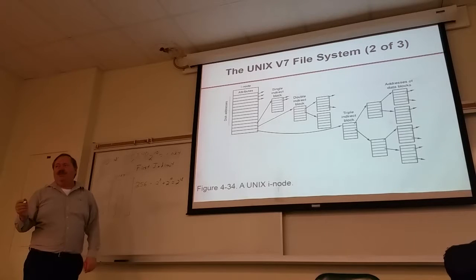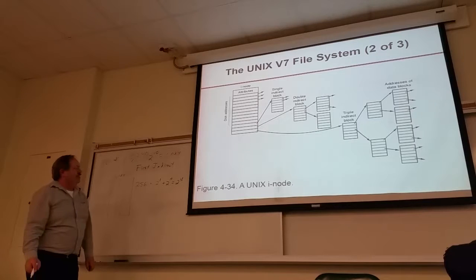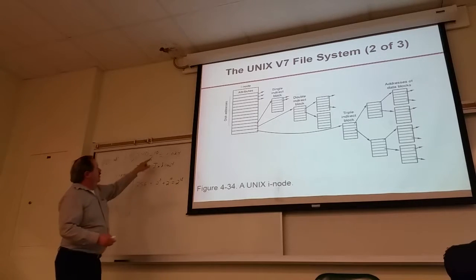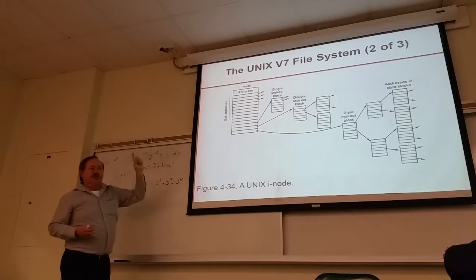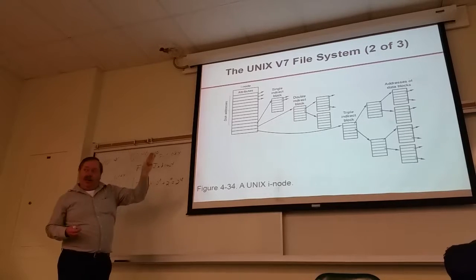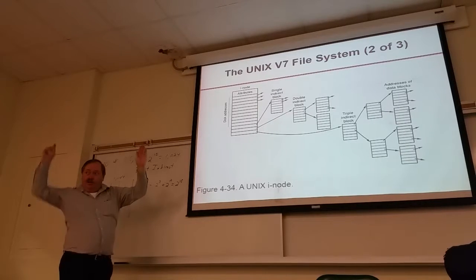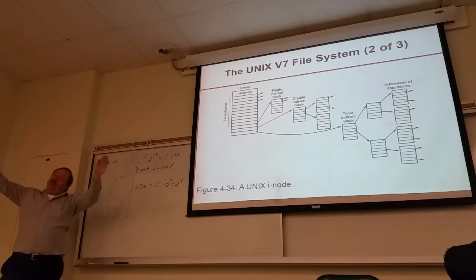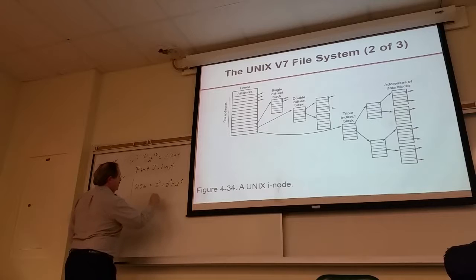Well, we can go along with that. 1K, 2K, 4K, 8K, 16K, 32K, 64K, 128K, 256K. That's the approximation.